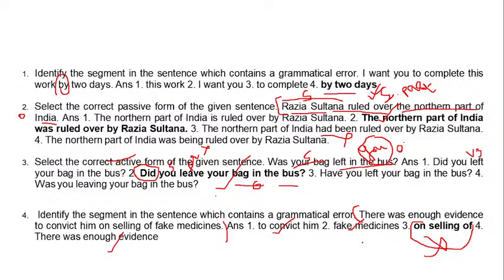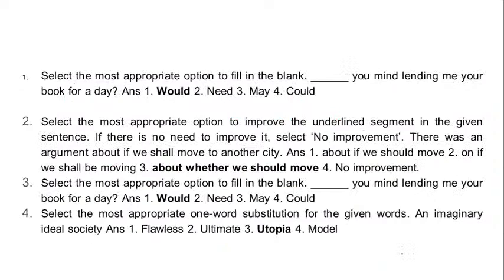Okay, if it changes itself into a sentence correction where you have to also correct the wrong portion, your answer will be "for selling" instead of "on selling of". There was enough evidence to convict him for selling fake medicines.